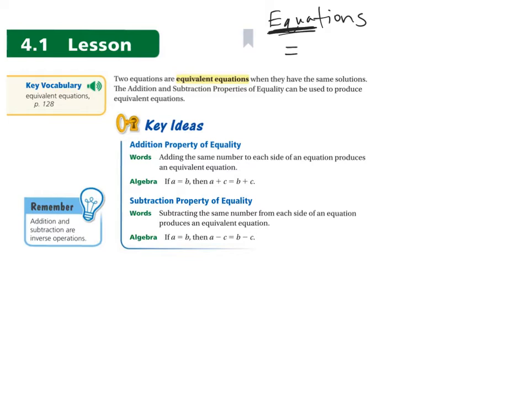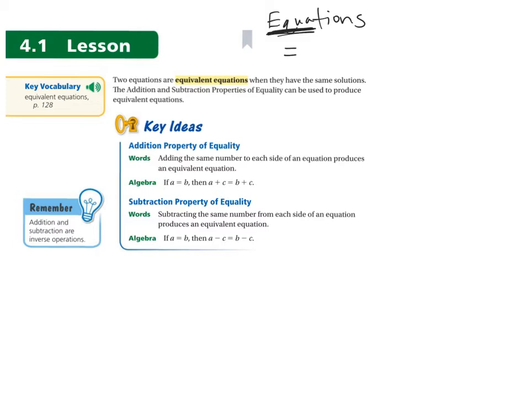Let me give you just an example. What they're trying to say here is that if a equals b, then if I add something to a, and add the same something to the other side of the equation, then they will stay equal. The subtraction property says if I have a equal to b, and I subtract the same something from both sides, it will remain equal. Let me show you what that means.